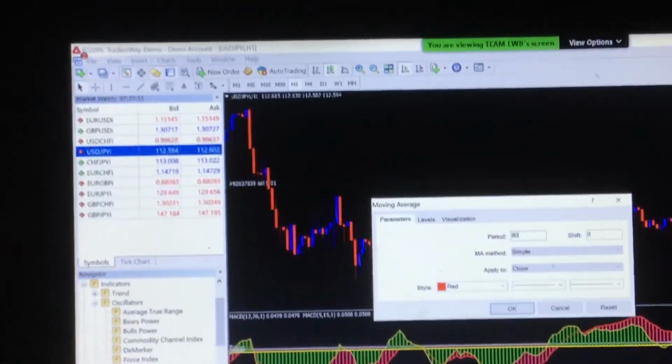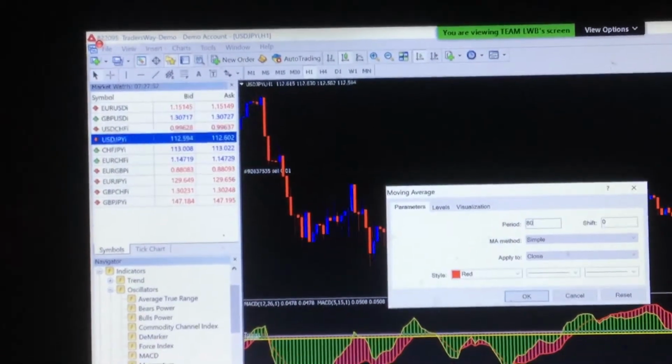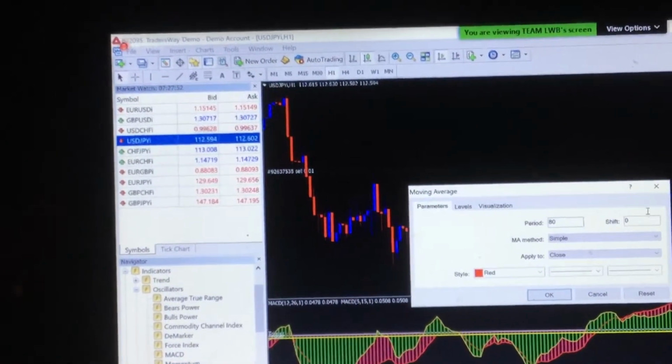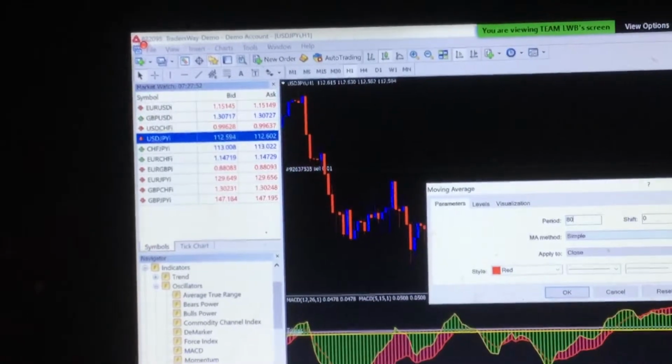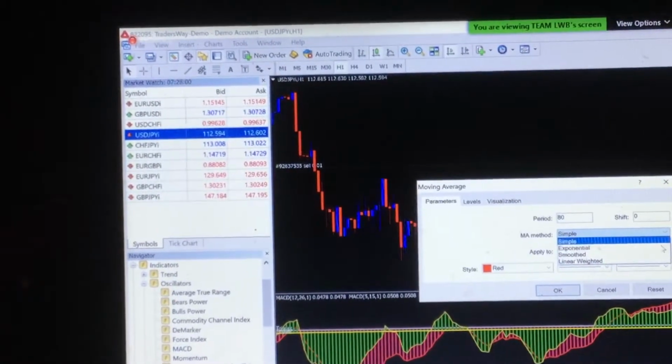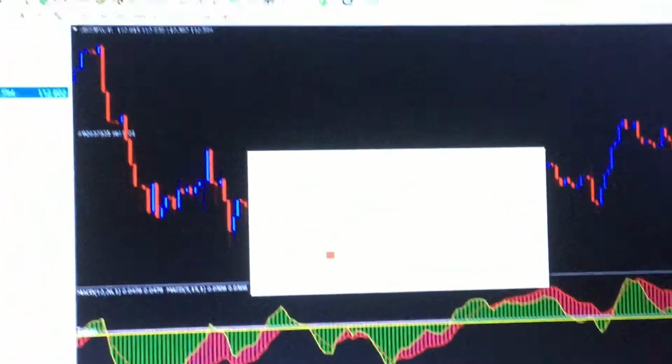So the first one I'm going to do is my 80. This is going to act like a support and resistance, okay? Doing my 80 line. The shift will be 0. The MA method is going to be exponential. And then I'm going to choose high, right where it says apply to, high.